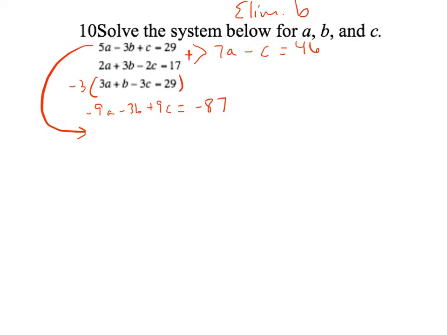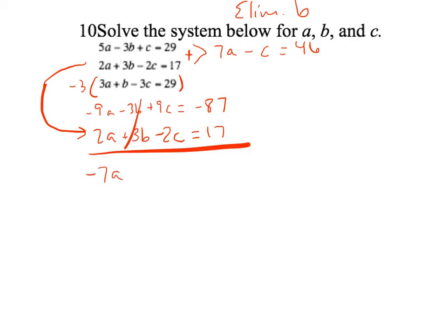Then I'm going to add it to this one. 2a plus 3b minus 2c equals 17. So I'm going to get negative 7a plus 7c equals negative 70.